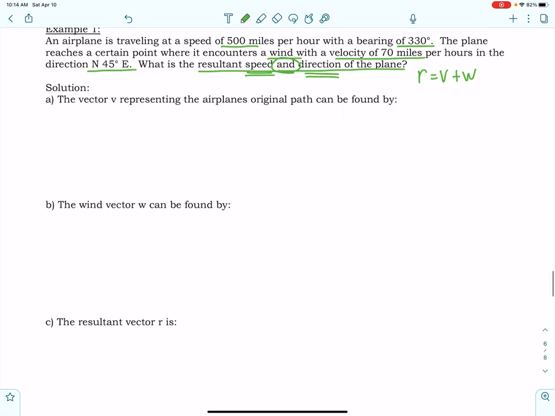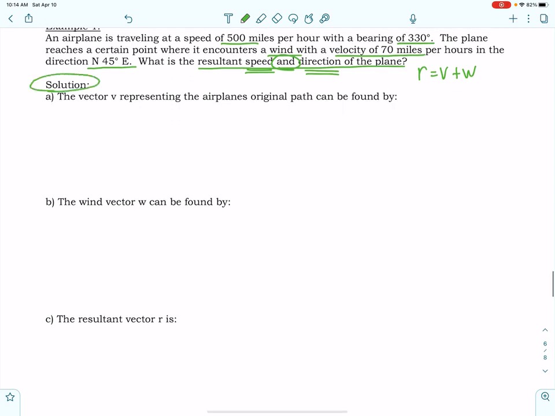All right, so the very first thing we're going to have to do for our solution, the vector V is going to represent the airplane's original path, and we are going to find this velocity vector. So remember how we do that. We take the speed, so the airplane is going at 500 miles per hour, and we're going to multiply that by the cosine of the direction angle. So we have to find the direction angle.